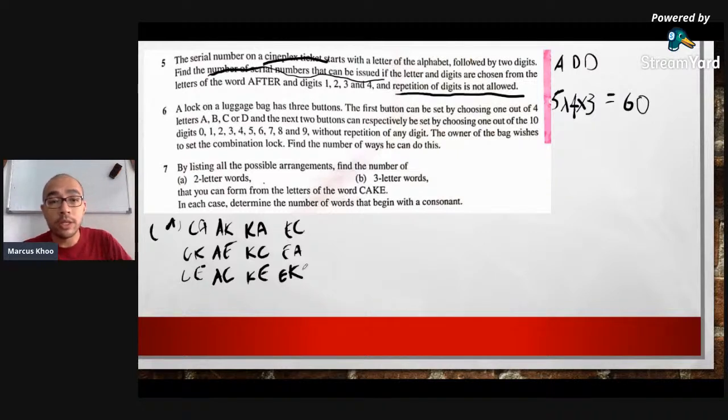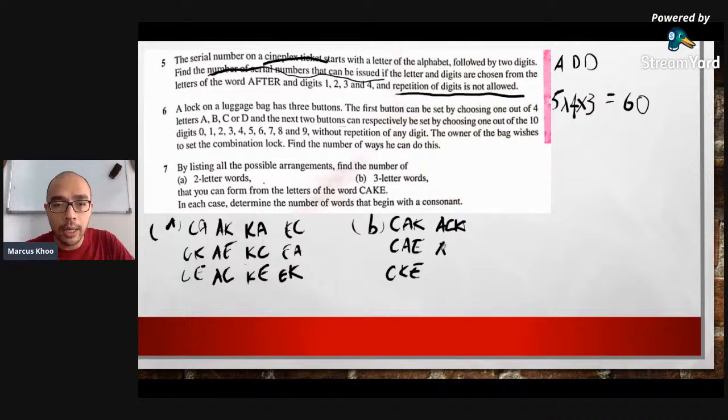What about the 3-letter words? Let's do the 3-letter words. Wah, banyak ini. C-A-K, C-A-E, C-K-E. Do we have any more? Never mind. Let's just keep doing. A-C-K, A-C-E, A-K-E.